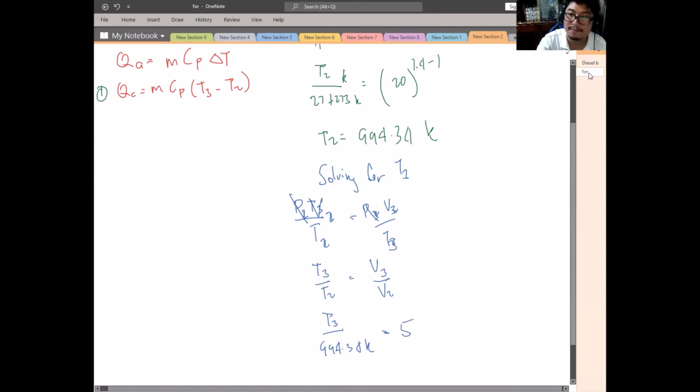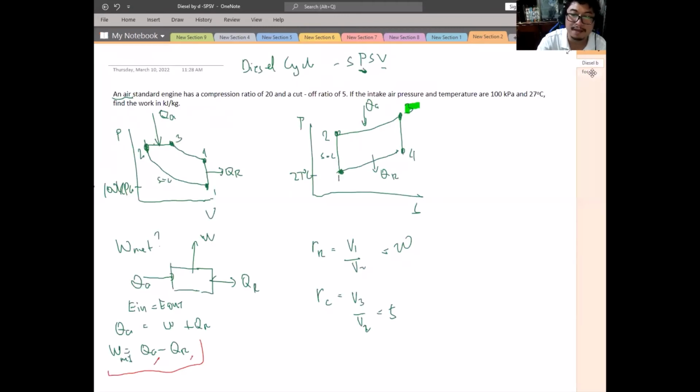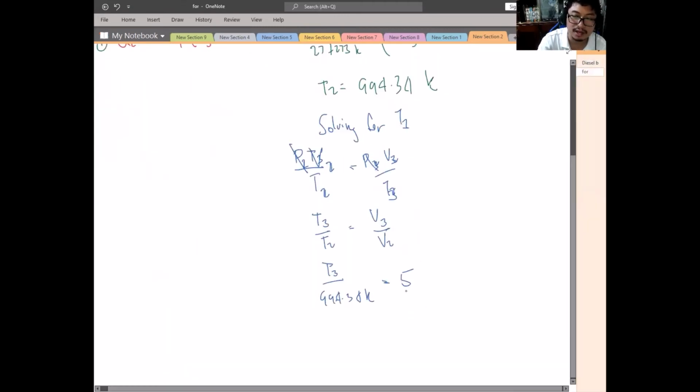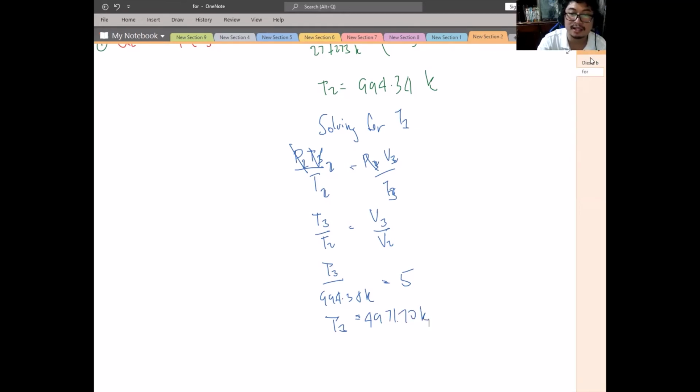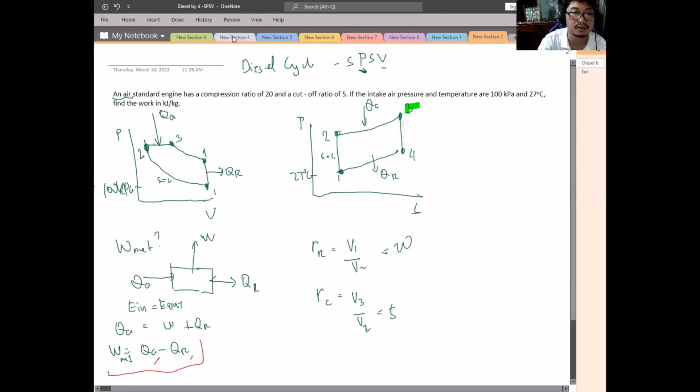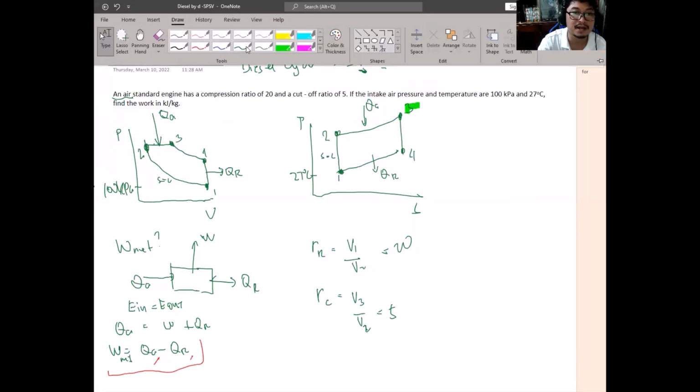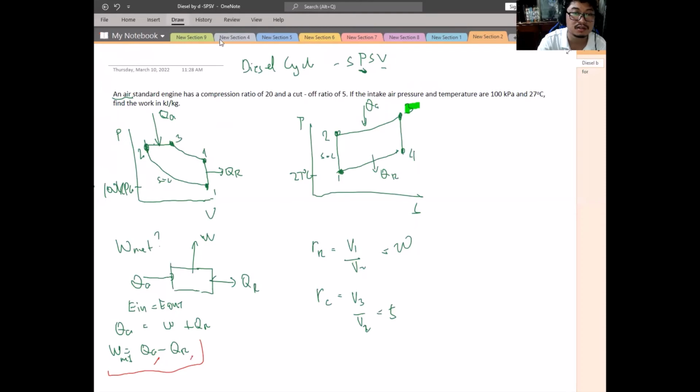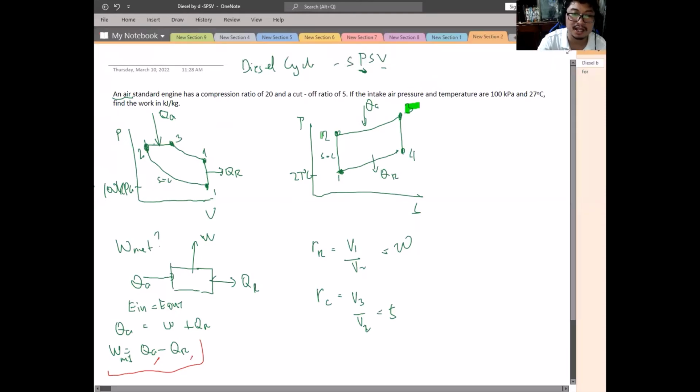So therefore, our T3 is 4,971.70 Kelvin. We mark it here, our T3, and also mark T2 so that we can see them easily.